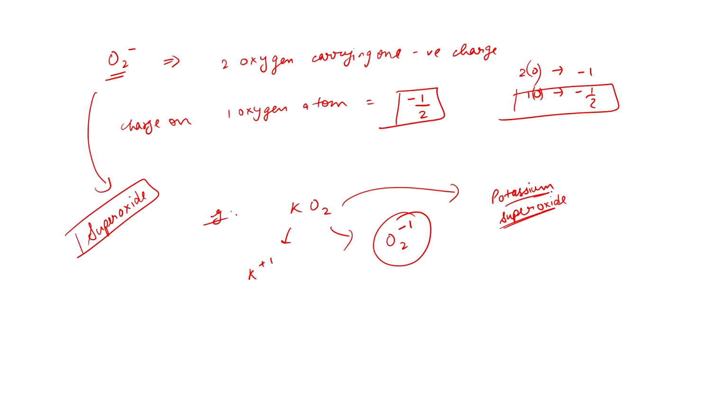Now, you have till now seen that oxygen is having a negative oxidation state. Now, we will see whether oxygen also carries a positive oxidation number, because keep in mind that one element can have various oxidation numbers depending on which element it is combined with.